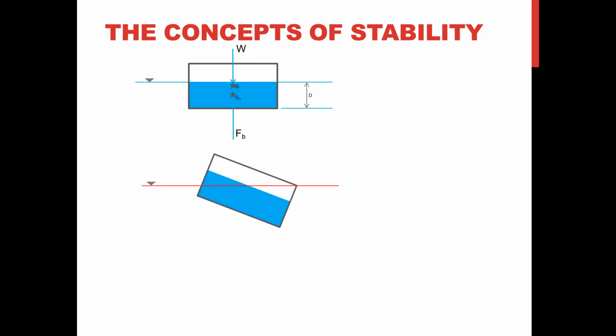In here, we tend to tilt this object. Just the same, it will have its center of gravity with the weight in it. Notice that the wetted portion a while ago, when tilted, has a wedge or a triangular shape here that would no longer be exposed to submerge.